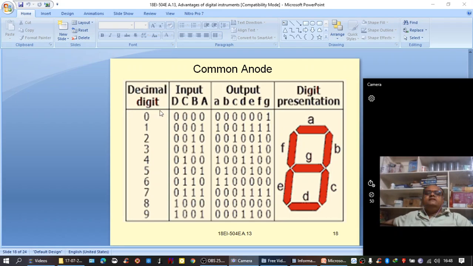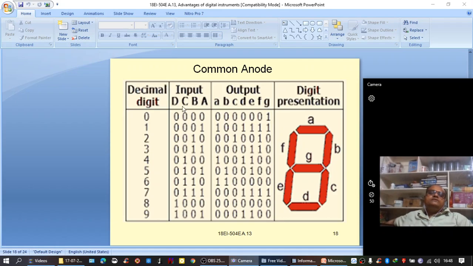For indicating number 0 in digital display form, only the G bit has to be deactivated, and remaining all the bits are to be activated starting from A to F.